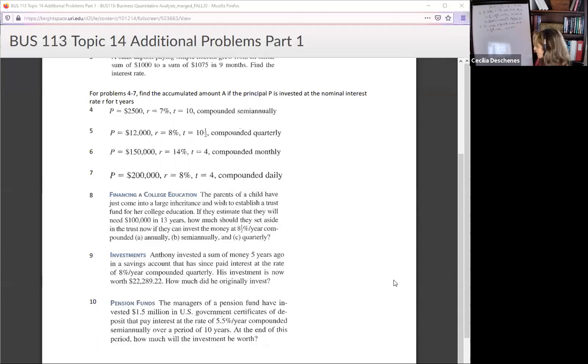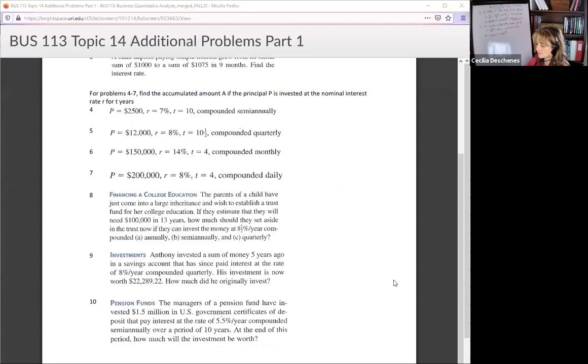So 4 times 10.5 is 42. All right, so the amount that we're going to have after 10 and a half years is the initial 12,000 times 1 plus I, our I is 0.02, raised to the 42nd power.